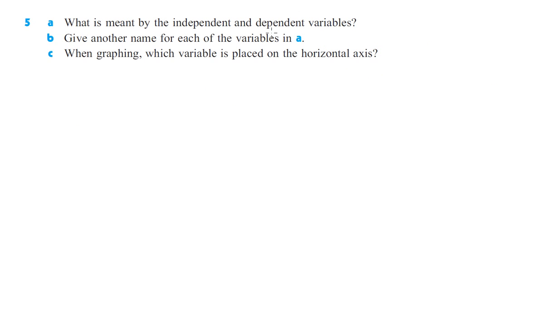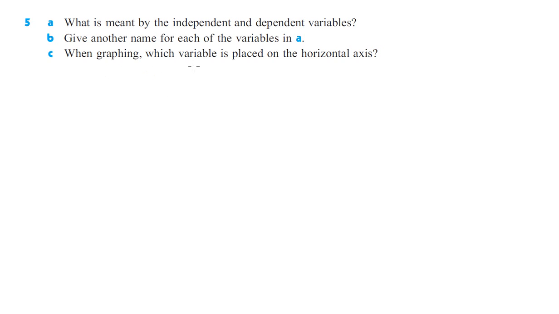So depending on what values the independent variable has will have an impact on the dependent variable. Okay, give another name for each of the variables in A. In our text it tells us that it would be explanatory and response. So independent would be explanatory, dependent would be response.